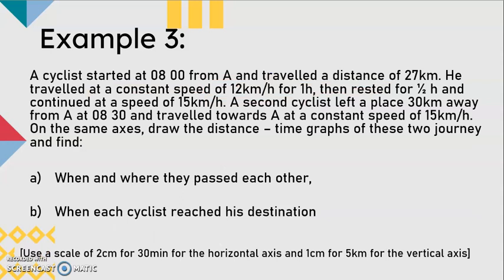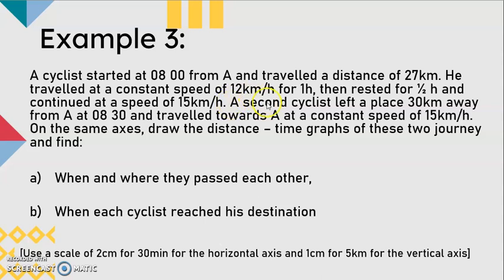For example 3, a cyclist started at 8 o'clock from A and traveled a distance of 27 km. He traveled at a constant speed of 12 km per hour for 1 hour, and then rested for half an hour and continued at a speed of 15 km per hour.